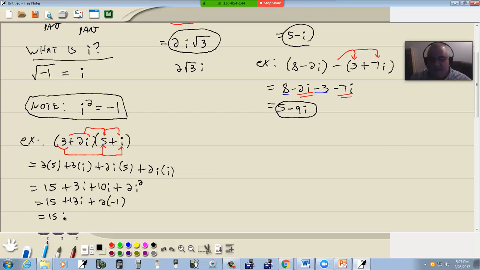So that gives us 15 plus 13i. 2 times negative 1 is negative 2. 15 minus 2 is 13 plus 13i. And that would be our answer. Can't leave an i squared in there because that's not standard form. Standard form says the largest power of i is the first power. You can't have an i squared or i to the third or any of that.